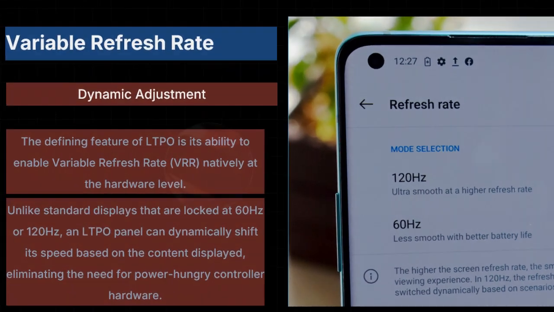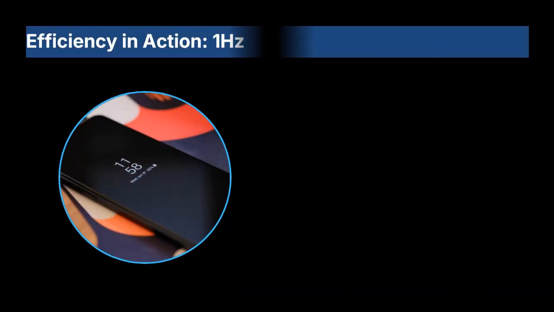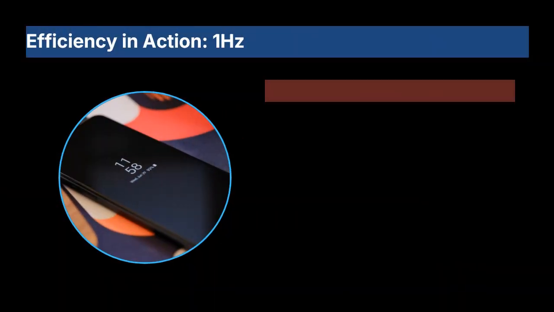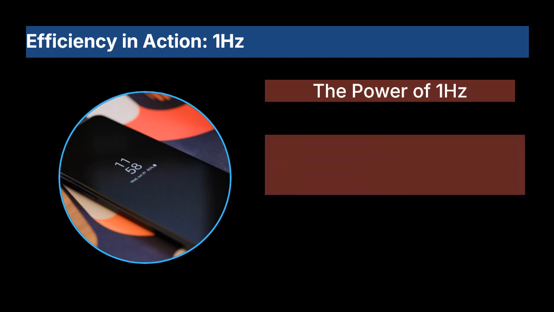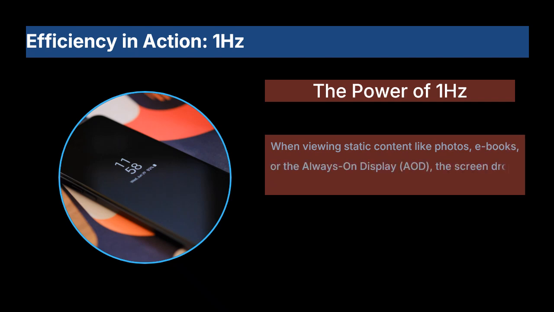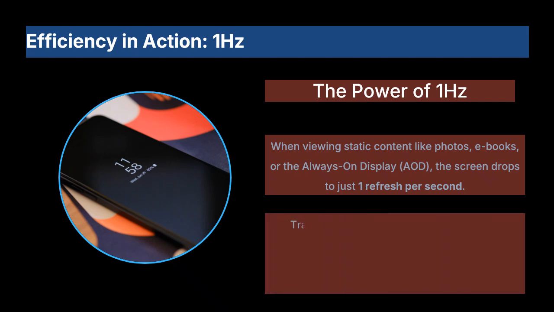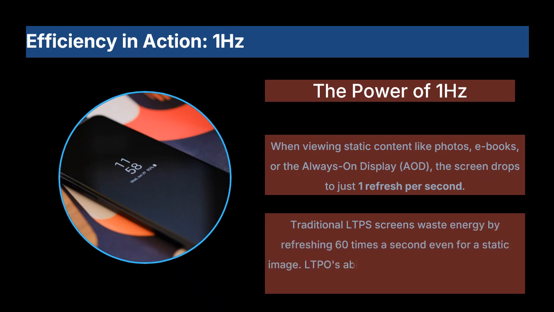Efficiency in action, 1 Hz. The most dramatic power savings come when the screen drops to just 1 refresh per second. Think about viewing static content, reading an ebook, looking at a photo, or using the always-on display. A traditional LTPS screen wastes energy by refreshing itself 60 times a second, even though nothing is changing.